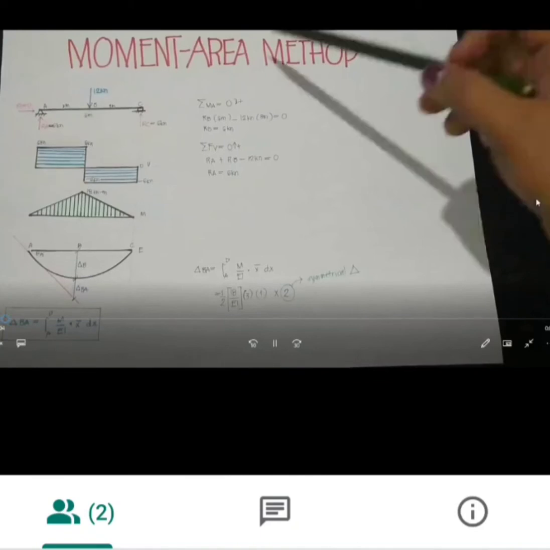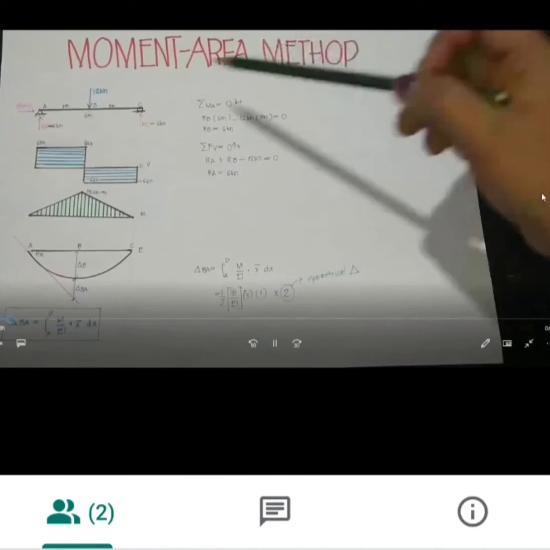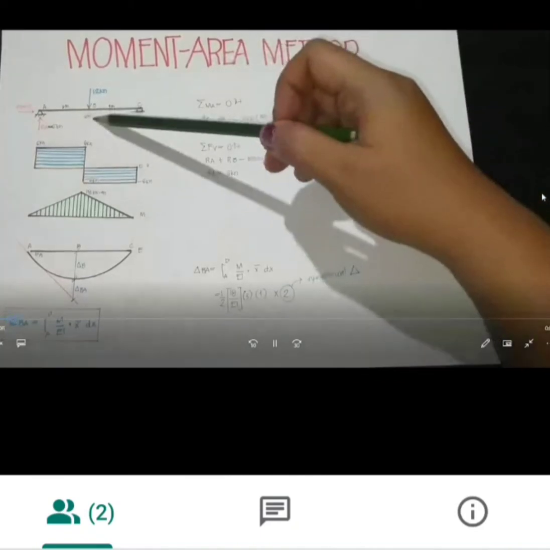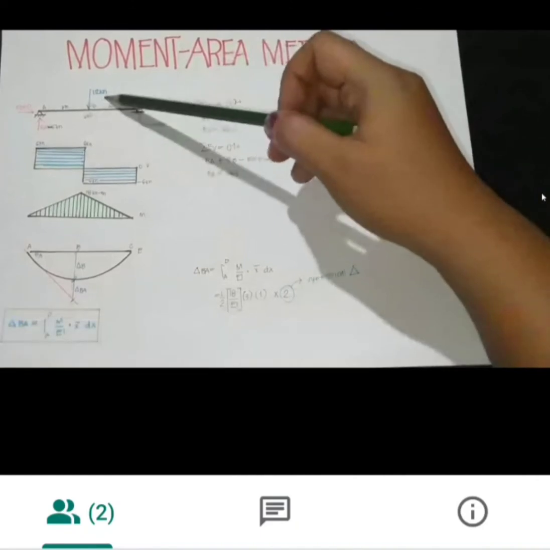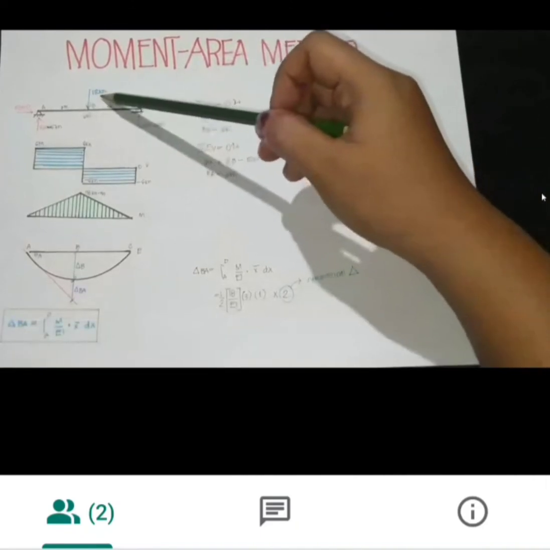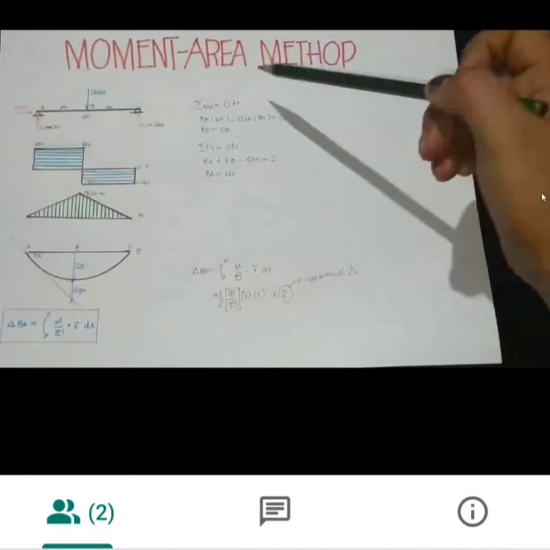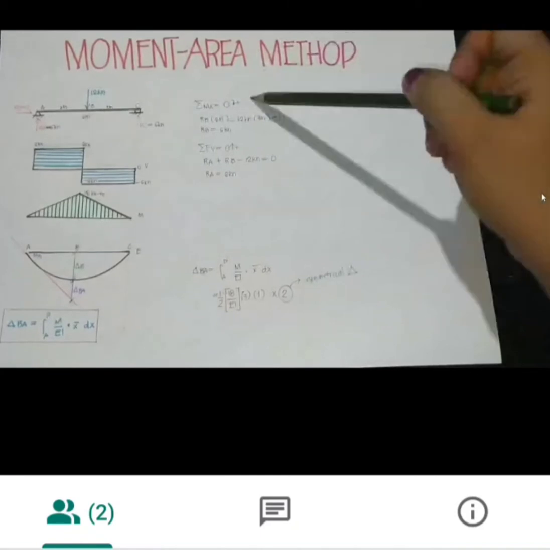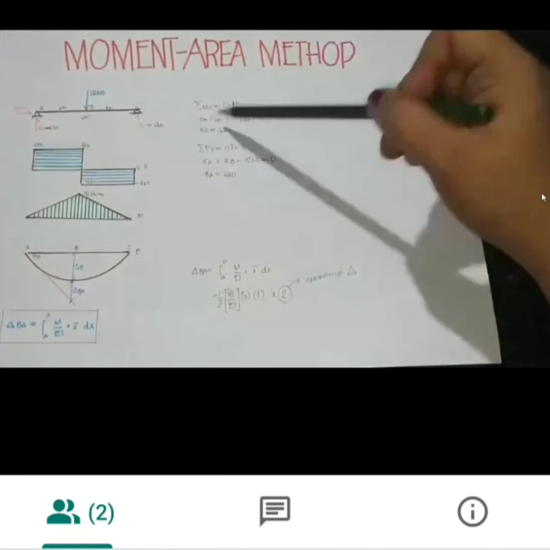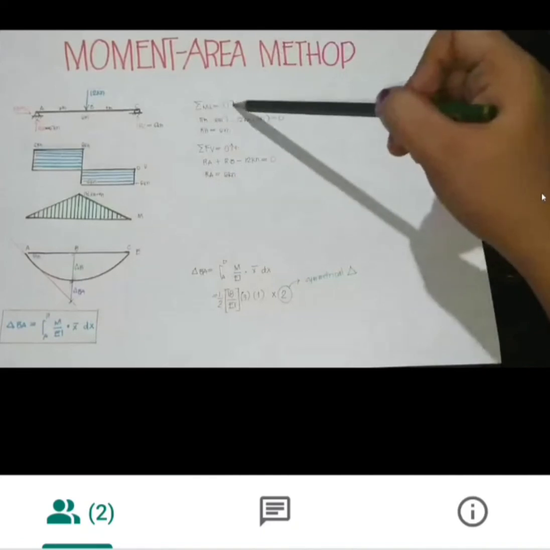Next method is the moment area method. So we have a simply supported beam with a 6 meter length and 12 kilonewton load at midspan. So we are asked to determine the deflection by using moment area method. So first we will solve the reaction. Summation of moment at A is equal to 0.